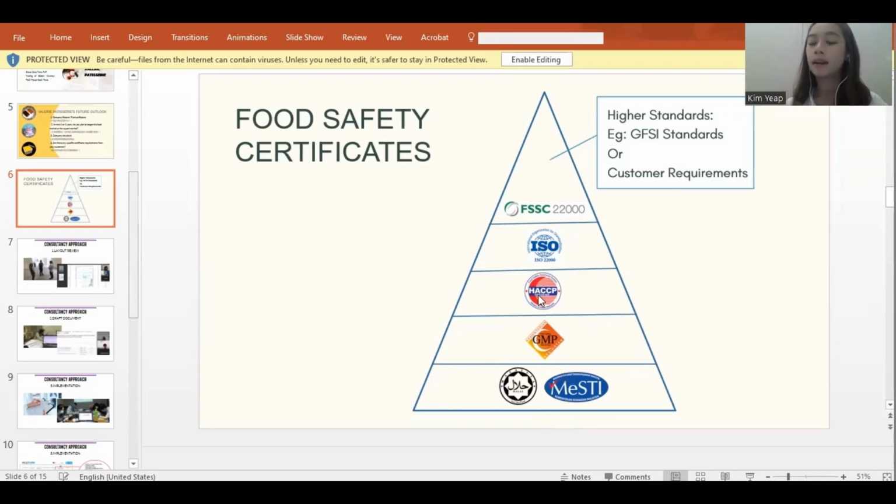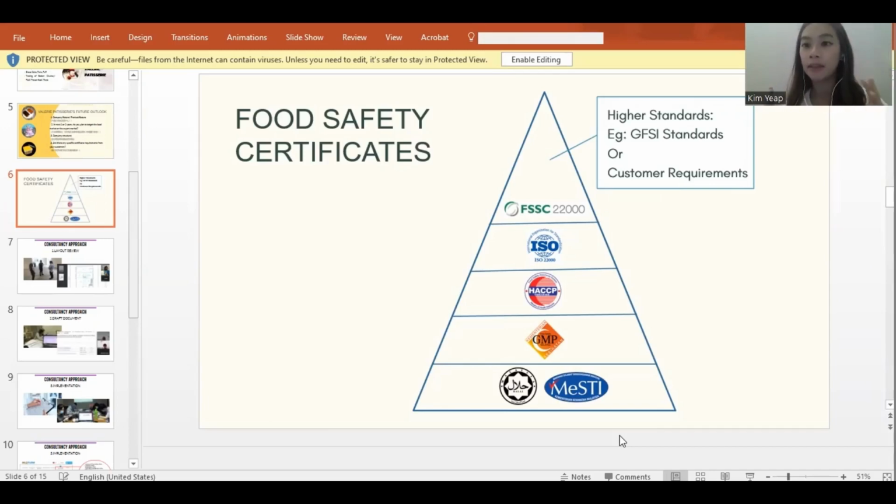But I just want to share the differences in terms of level. The ones at the bottom are halal and mesti, then GMP, then HACCP, then ISO. The higher it gets, the stricter the requirements are.